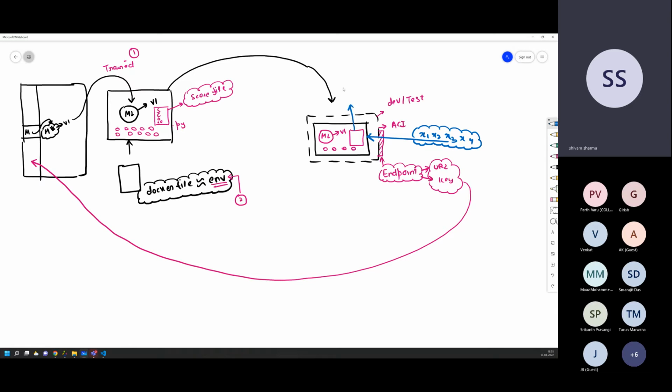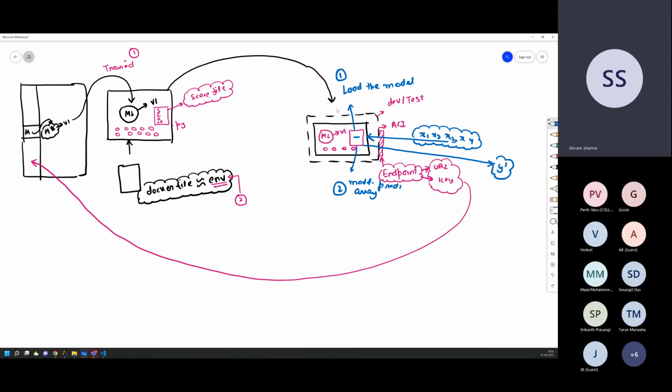This score file will load the model in RAM, in memory, and initialize the model. The second thing this file will do is take the data which comes over the API call, put that into an array, and based on that array, do a model.predict on top of the array. Whatever output comes out, you can beautify the output and then it throws it back like this. So the Y dash goes back.